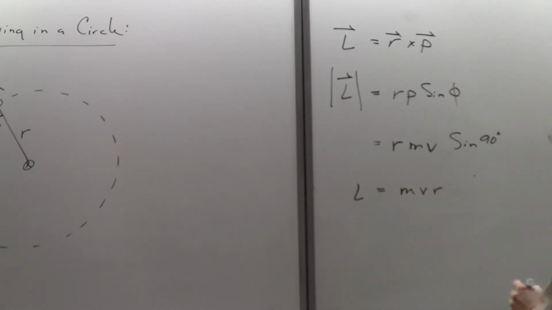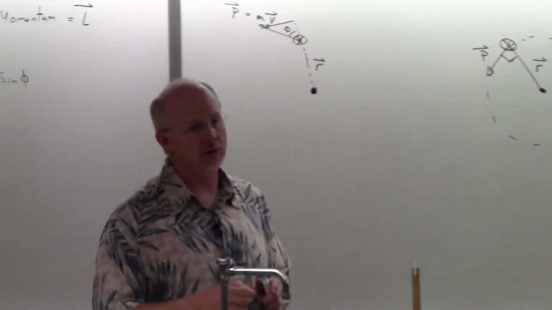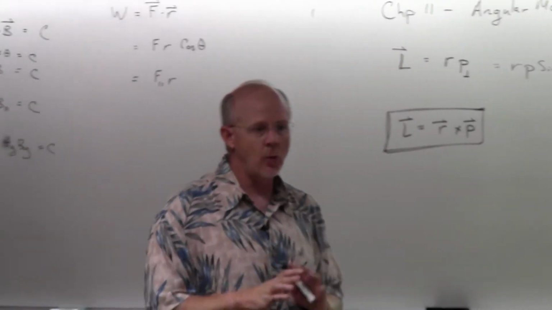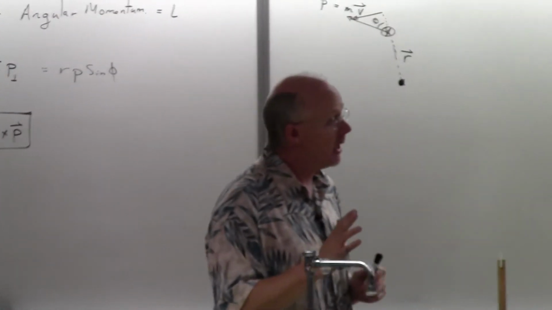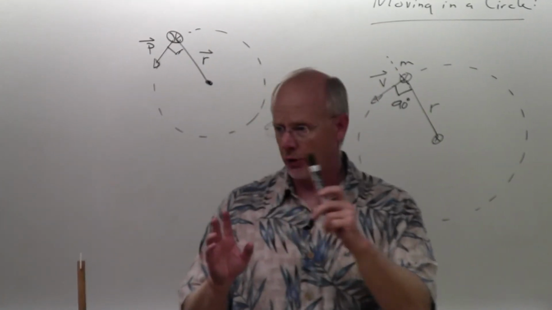I'll change the order a little bit since that's how your author writes it in the book: mvr. Maybe you remember this from 102. This is the only equation we gave you for angular momentum in 102, and it only works when you are moving perpendicular to the distance. If anybody remembers, in 102 you had a problem involving the planet Mercury.